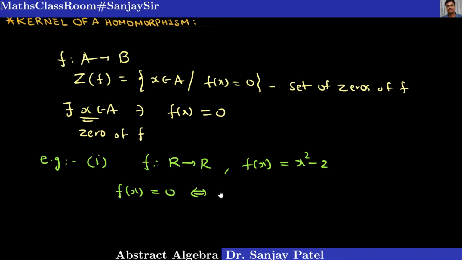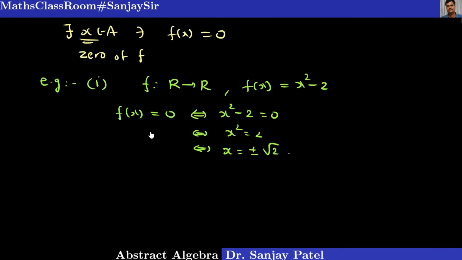Now f(x) equal to 0 means x squared minus 2 is equal to 0, and that gives us x squared is equal to 2, and therefore x must be plus or minus root 2. So root 2 and minus root 2 are the two numbers at which the function is 0. So the set of zeros of this function contains only these two numbers, root 2 and minus root 2.